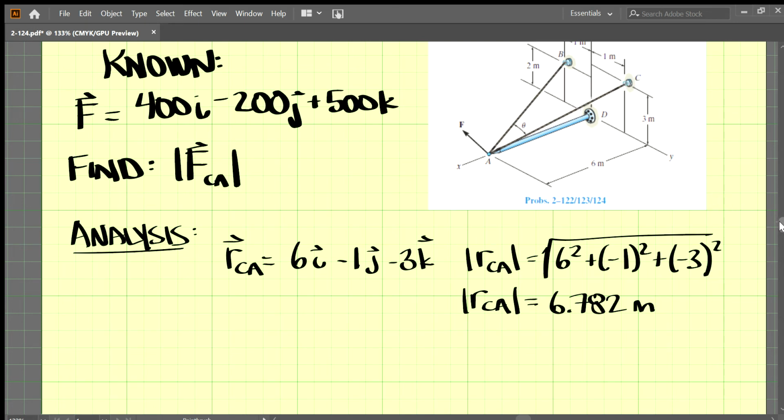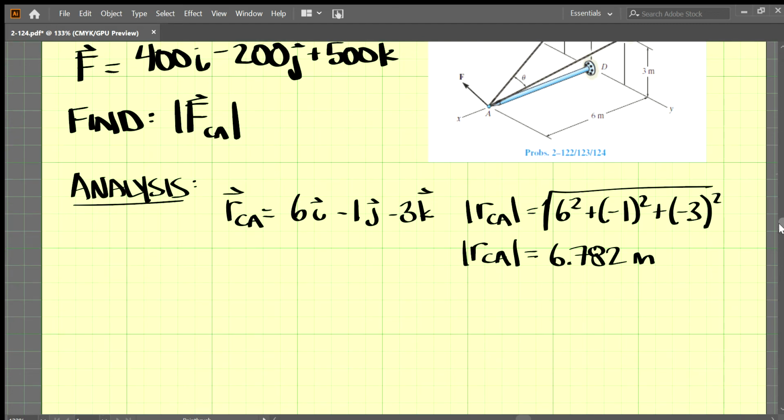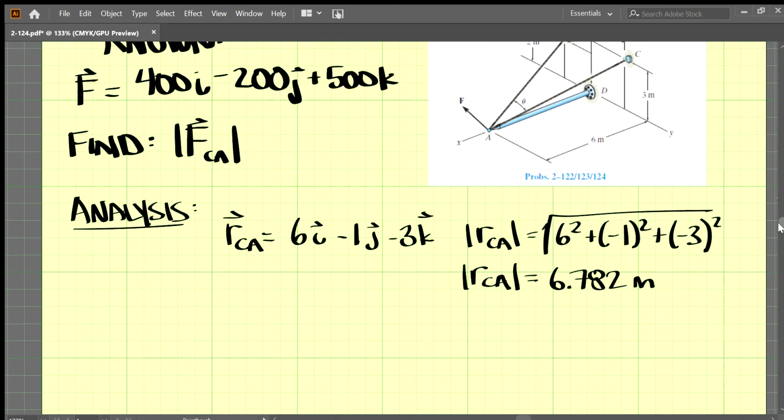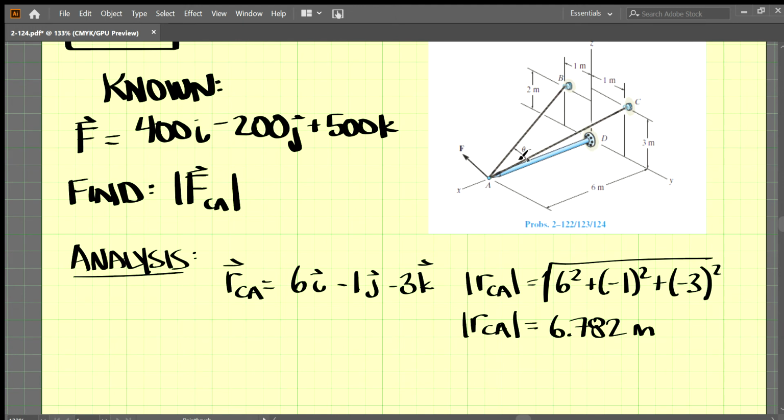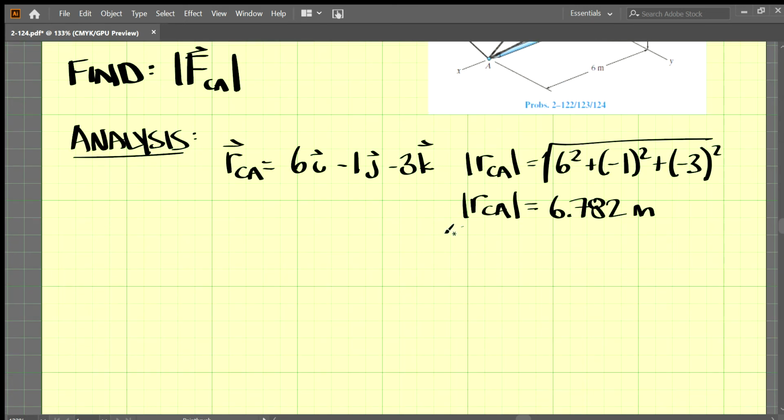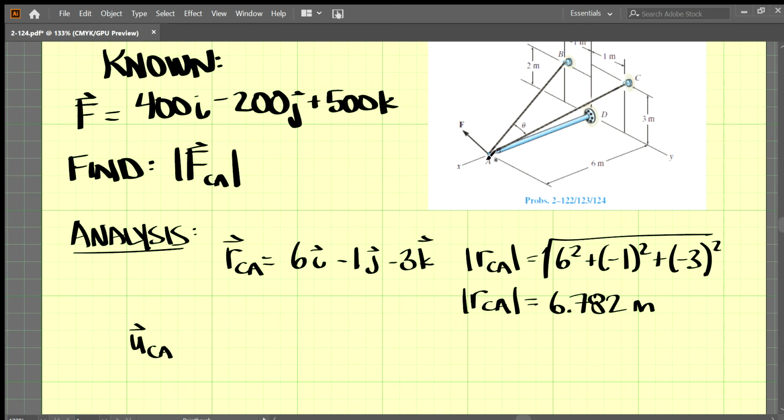Now, the total length doesn't really help us a whole lot. What we really need is the direction. So we'll transform our position vector RCA into a unit vector UCA. UCA is a vector that has a length of 1, directed right along the same direction as the cable CA.